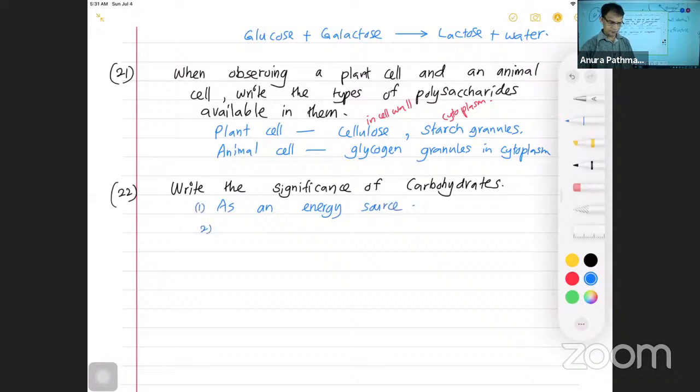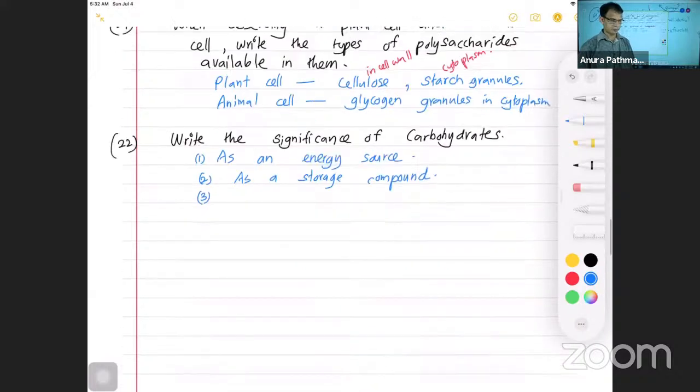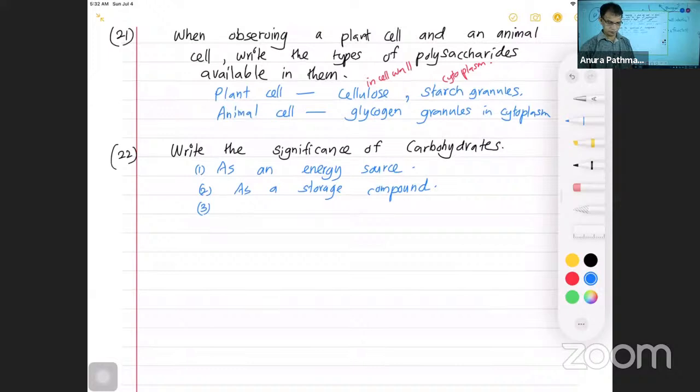Another one, as a storage compound. 3, cellulose as a structural component in the plant cell wall.